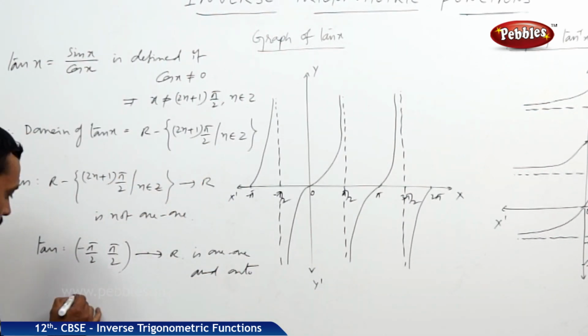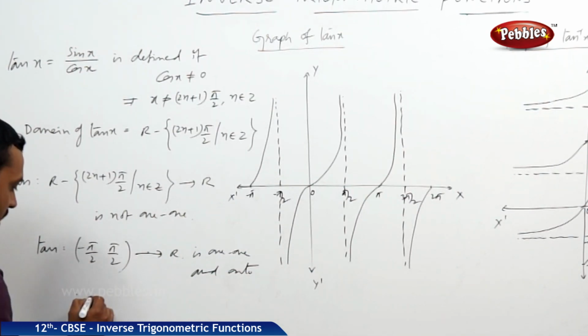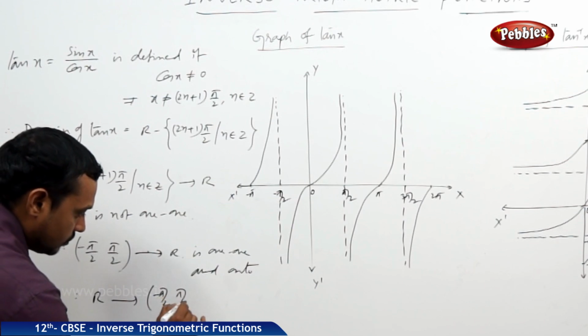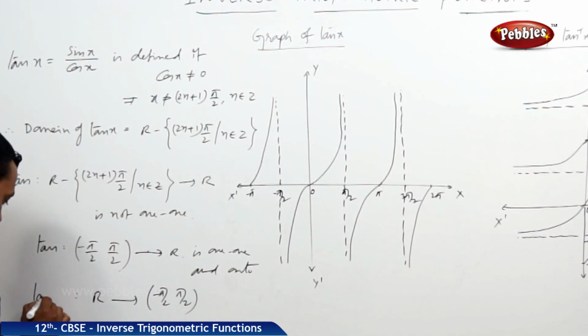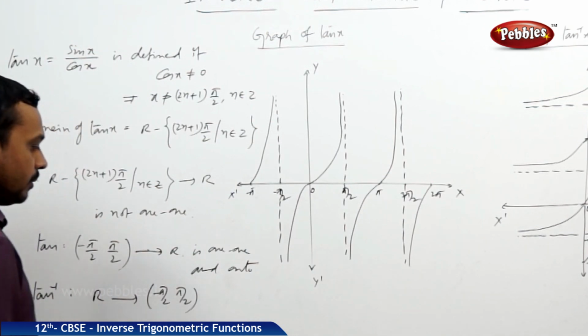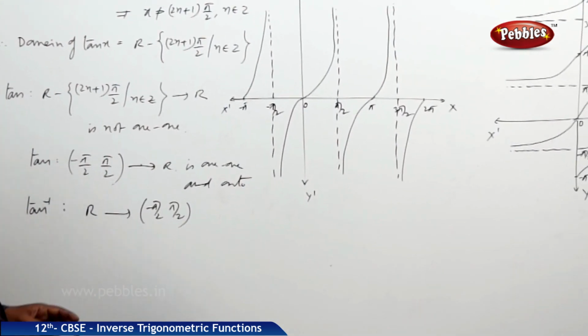Therefore now we can define the inverse of the function from R to minus pi by 2 to pi by 2, known as the inverse of tan, denoted by tan inverse. Therefore tan inverse is defined from R to minus pi by 2 to pi by 2 and is also a one-one and onto bijection.